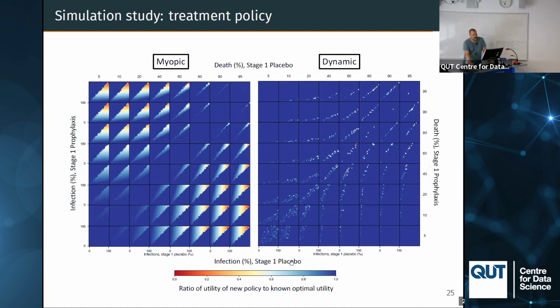And so if you multiply this reduction in utility out to the size of the population that's exposed to this disease, it can be a really bad thing to base decisions on a myopic design. And we don't get that same reduction in the dynamic setting. There's just a few artifacts, I guess, where there's not a lot of effect.